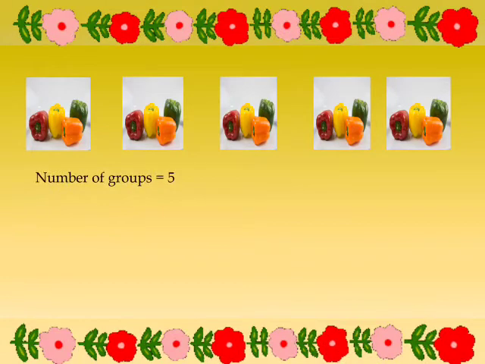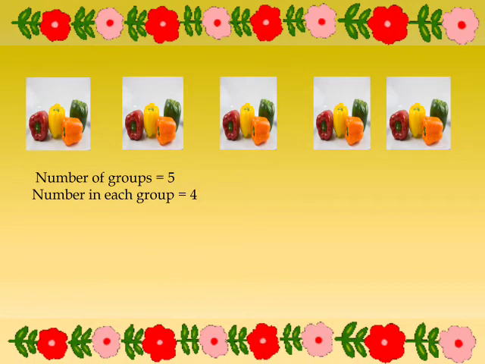Now, let's see one more example. So children, look at the picture. Here we have some beautiful and colorful capsicums, and there are 5 groups of such capsicums. Now look carefully. In each group we have 4 capsicums: 1 red, 1 yellow, 1 green and 1 orange. So here we can say that the number of groups is 5, and in each group we have 4 capsicums.